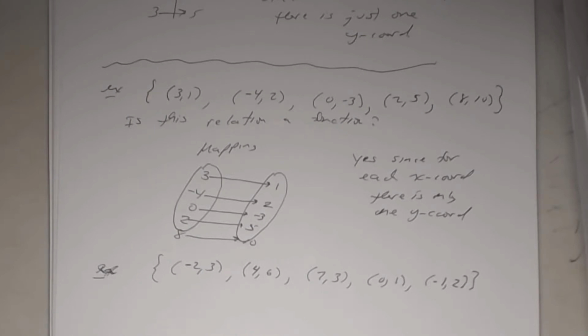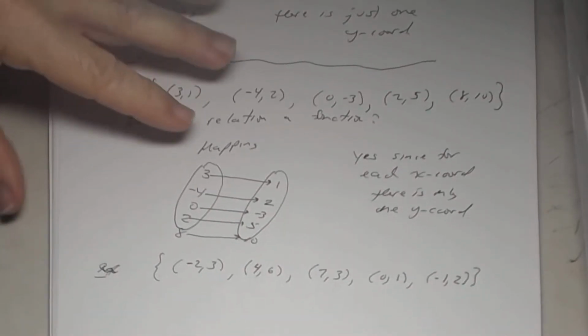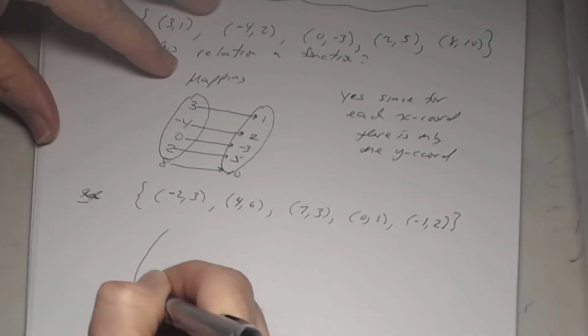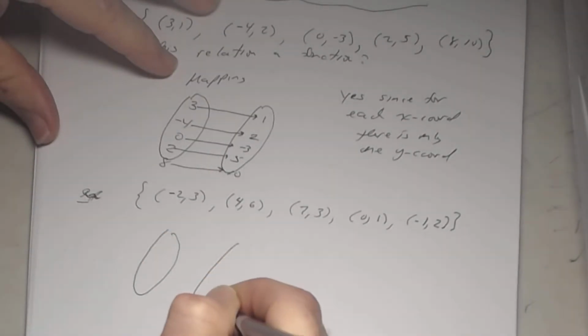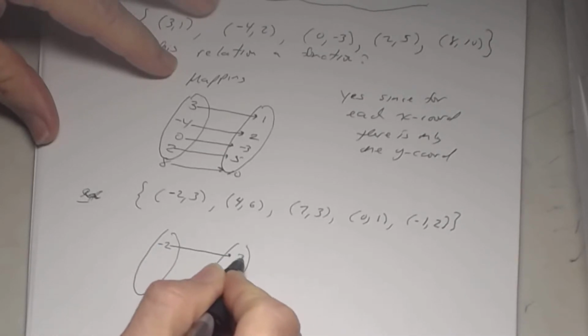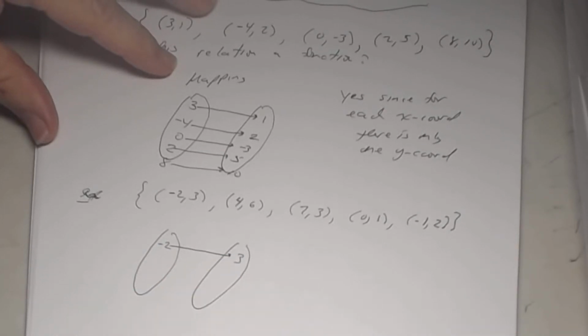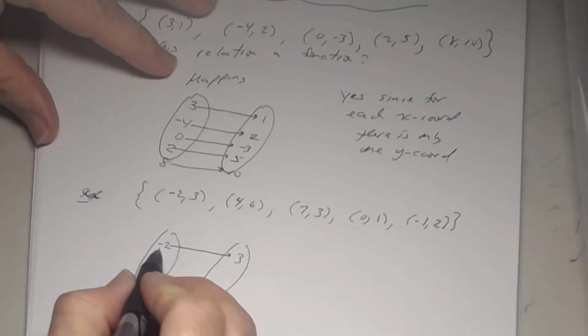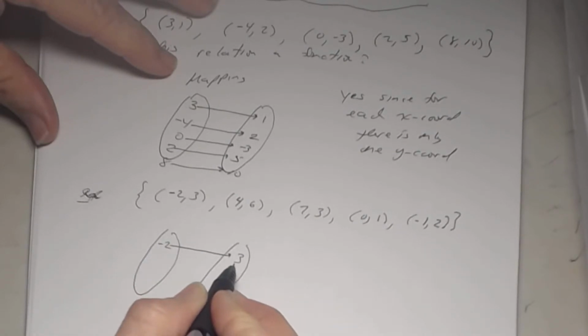The person that said no, a mapping might help you. So let's look at this in terms of a mapping. When x is negative 2, what's my y value? So far I'm good, right? For this x coordinate, there's just one y coordinate. It's 3.